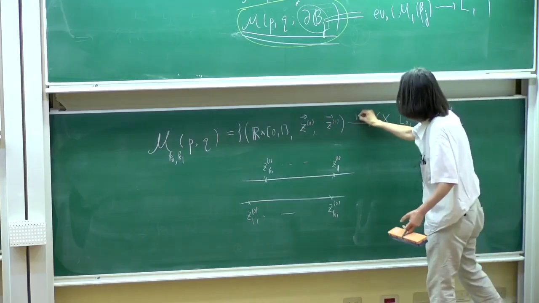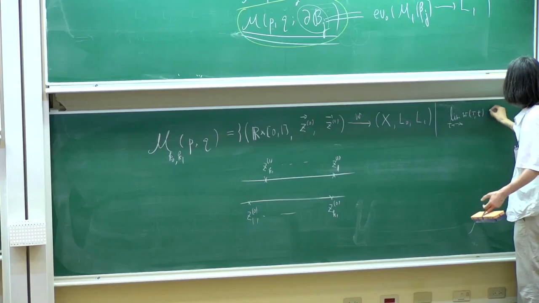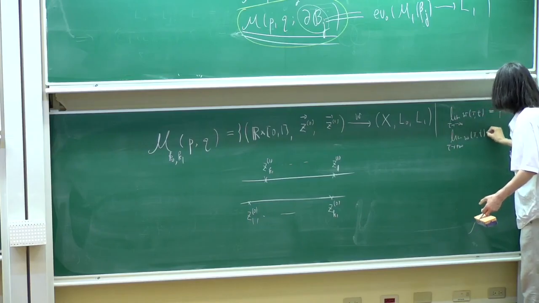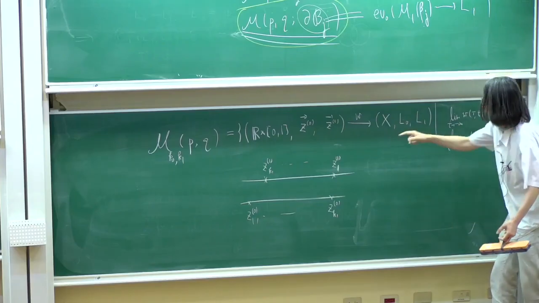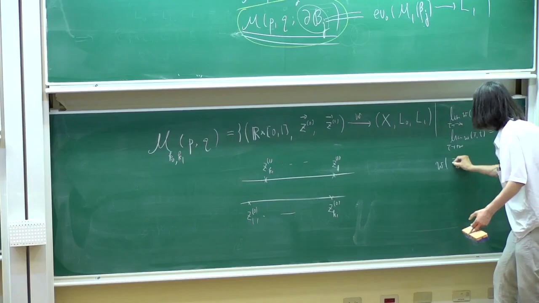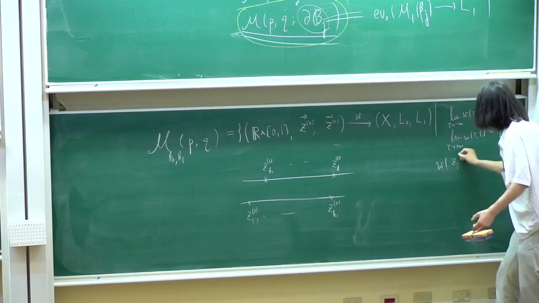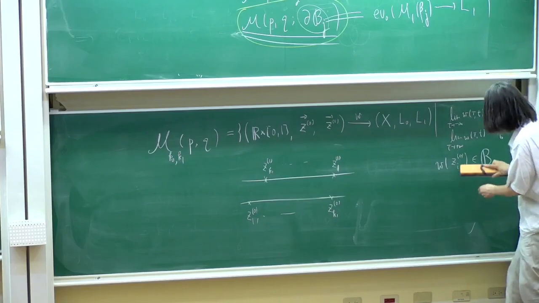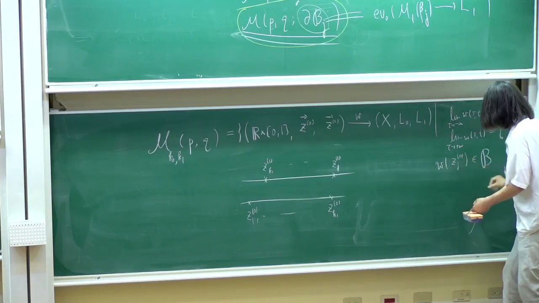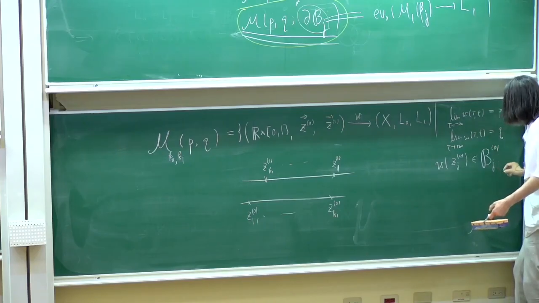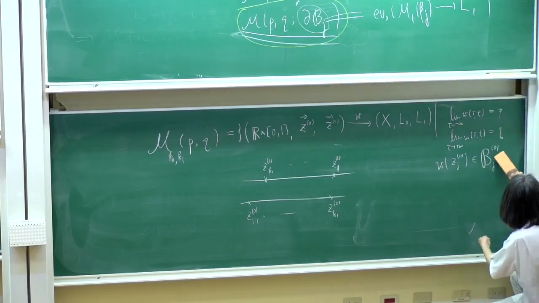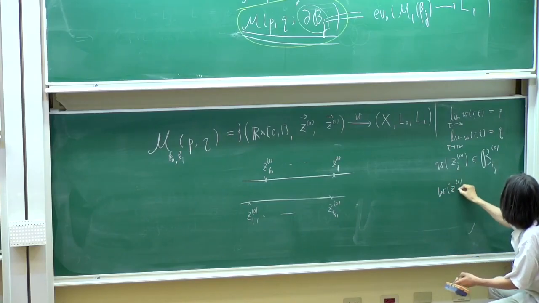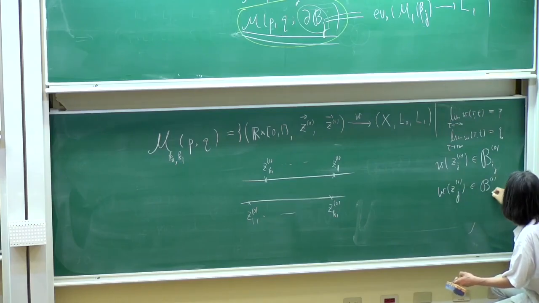Let's denote the map by W, then W of tau, t is equal to P, and the limit as tau goes to plus infinity of W of tau, t is equal to Q. And then finally I assume that W of Z0, j is mapped to some chain B0, IJ, and W of Z1, j is in B1, IJ.